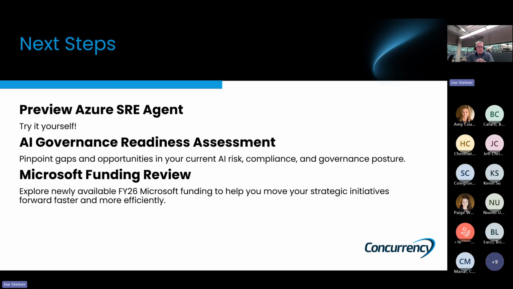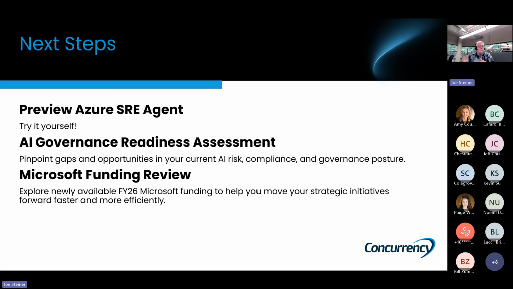Other things that you should be aware of is that we do at Concurrency offer an AI governance readiness assessment, which ties in with some of the risk, compliance and governance pieces here for any type of AI engagement. We certainly can work with you on what you're trying to accomplish, whether that's with SRE and setting up the configuration permissions for that, or for any other AI apps or agents that you're building.